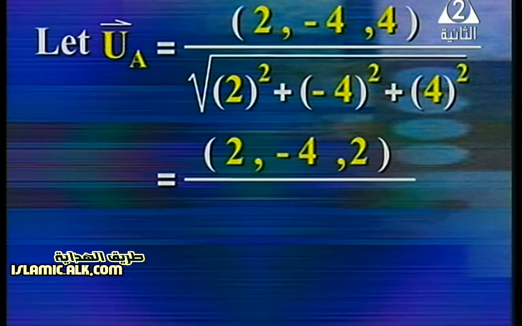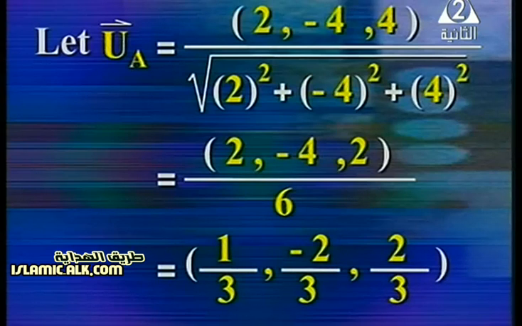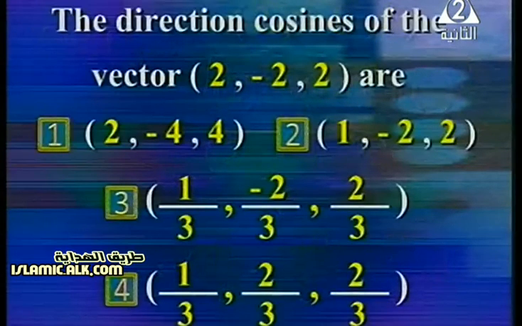For (2, -4, 4) it is 6. The unit vector is (2, -4, 4) over the square root of 2 squared plus (-4) squared plus 4 squared, so the norm is 6. Dividing each component by 6, the answer is 1/3, -2/3, 2/3. Then the correct answer is 1/3, -2/3, 2/3.